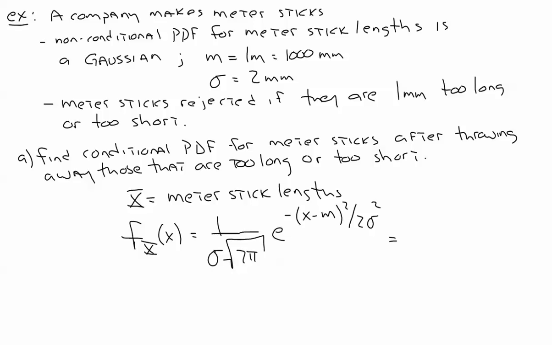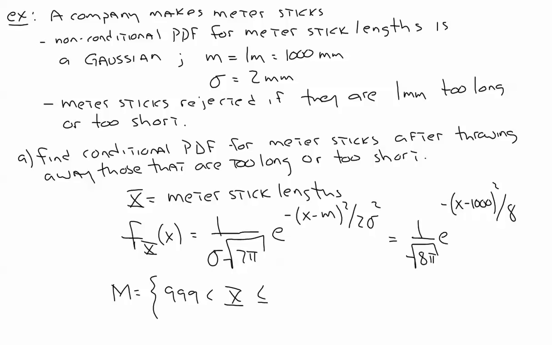And in our case, this would be 1 over square root of 8 pi e to the negative x minus 1000 squared over 8. And my conditional event is m is 999 less than x less than 1001. That's my conditional event.